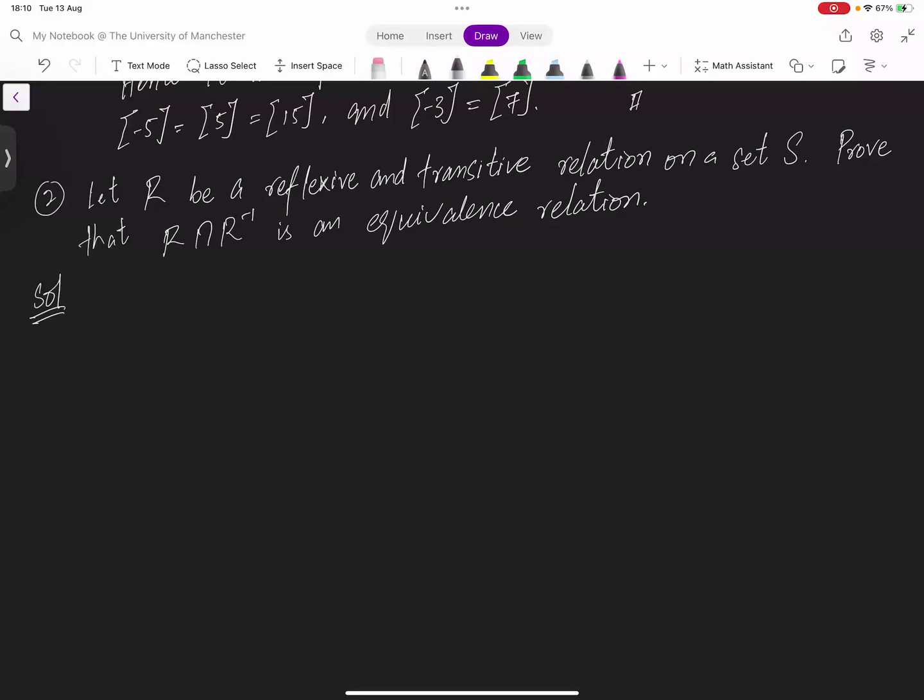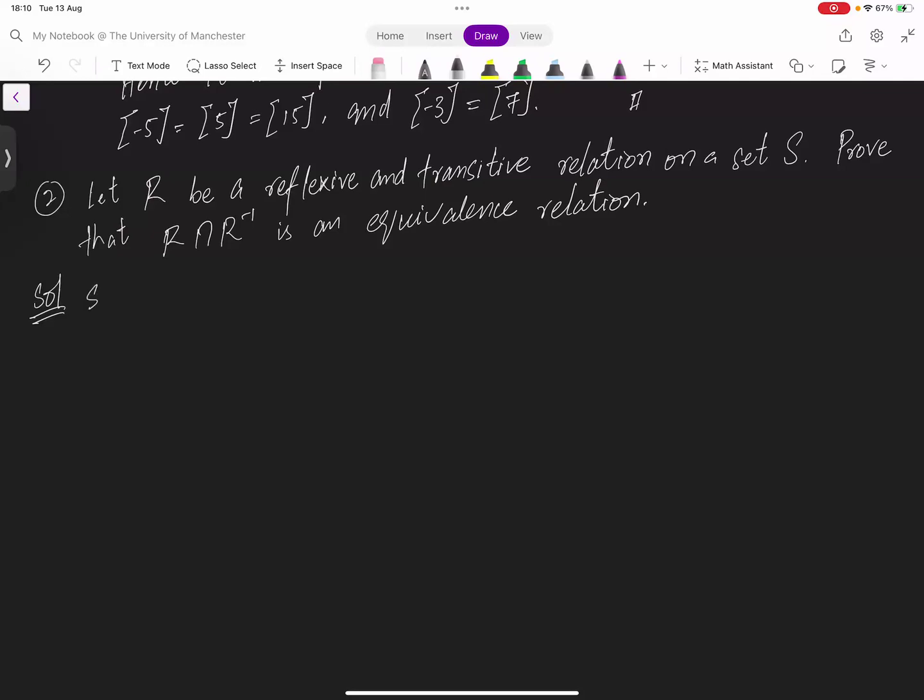Then we can also take one ordered pair with two different elements from this relation, and show that the ordered pair the other way around is also in the inverse and then in the relation, and that will show that it is symmetric. Then we can follow the same technique to show that it is transitive.